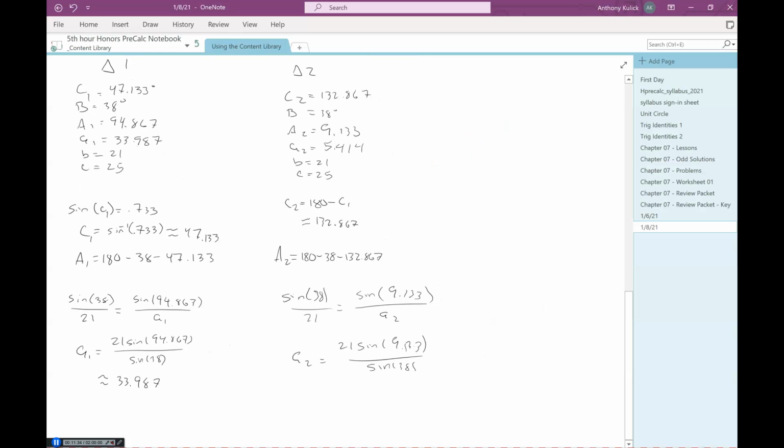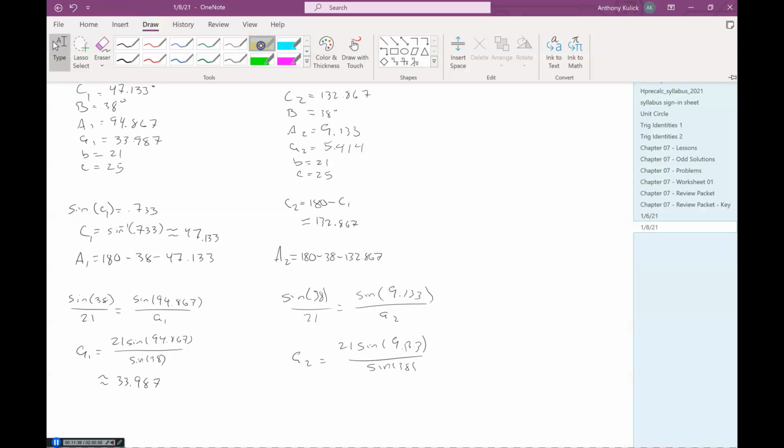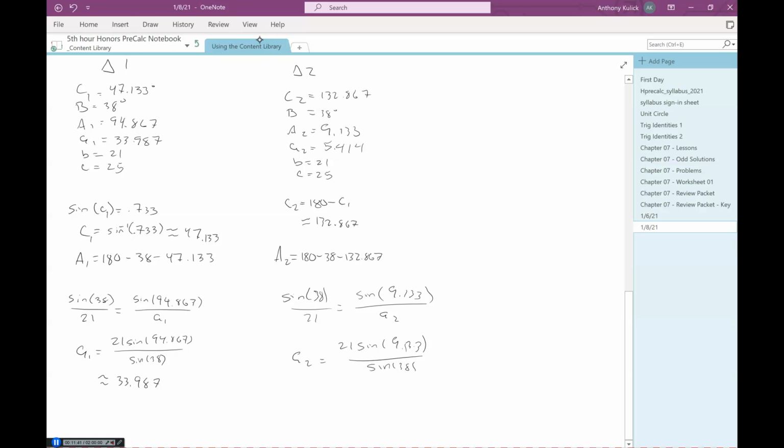And just take a moment here and check, just using what I know about the proportionality of triangles. So the longest side is across from the longest angle. The middle side is across from the middle angle, and the shortest side is across from the shortest angle. That triangle looks good.